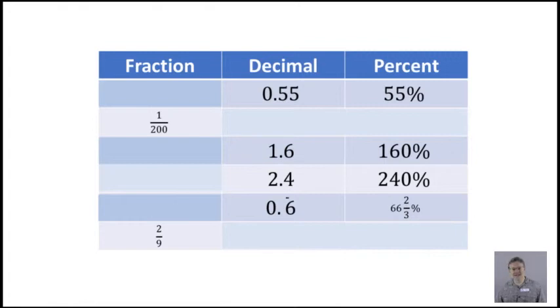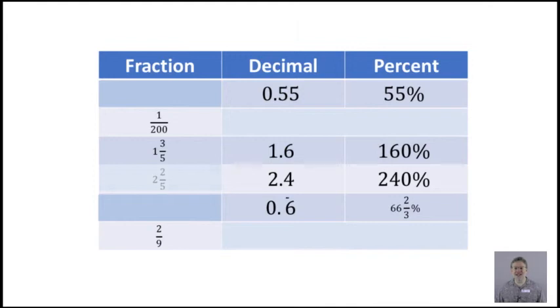1.6, same thing as 1 3/5. If you took 0.6 and converted that to a fraction, 6/10 is the same thing as 3/5, and so 1.6 is the same thing as 1 3/5. 2.4, that's 2 4/10.